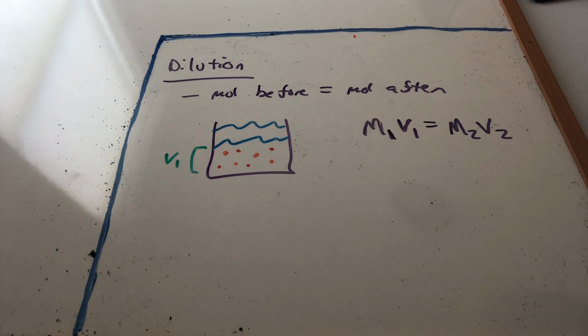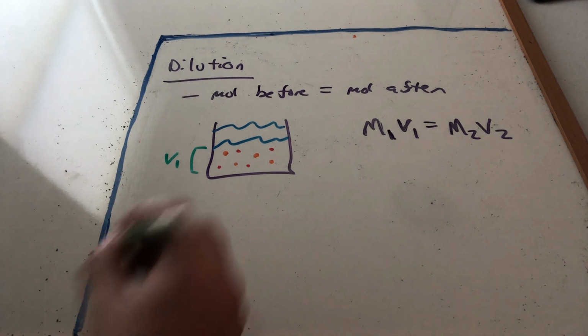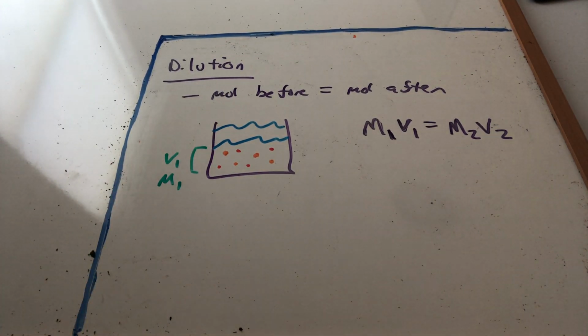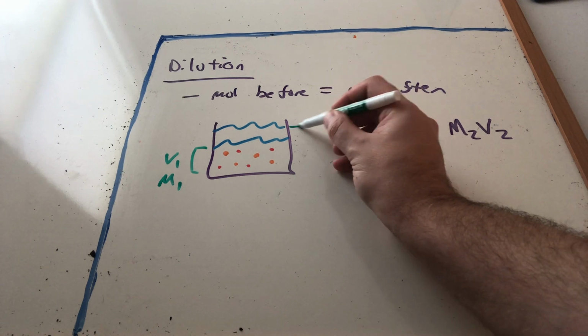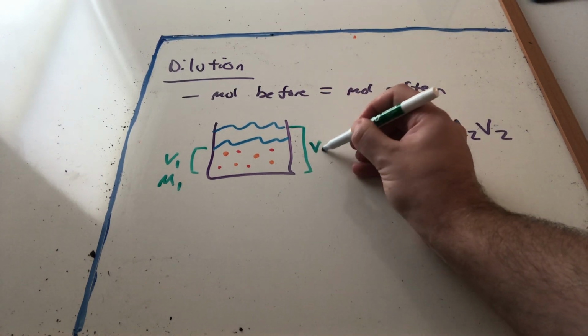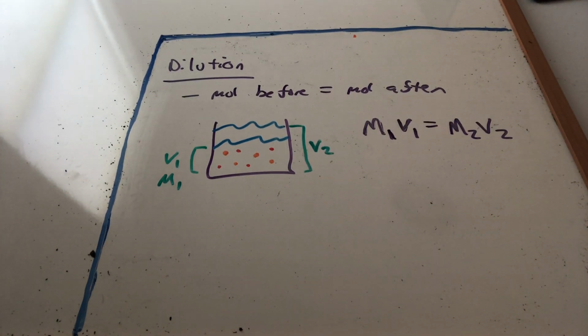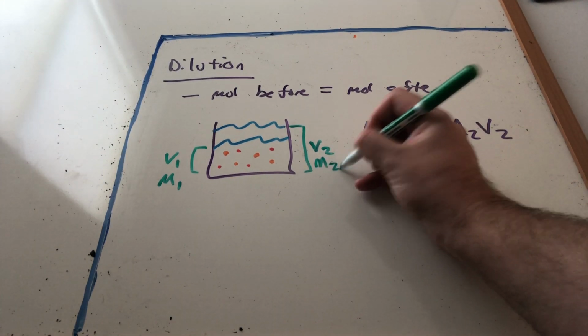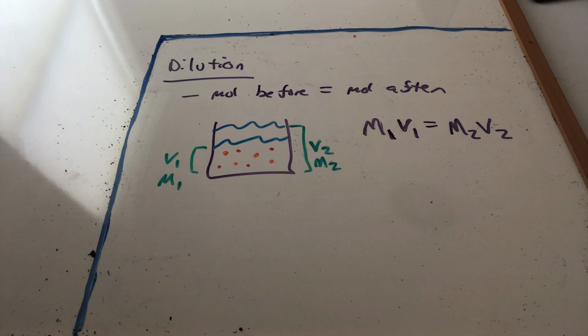And then inside that volume, there would be a certain M1. But has the concentration changed when we increase the volume to this V2? Well, sure. And we expect M2 to be less than M1. We expect the concentration to go down when we do something like that.